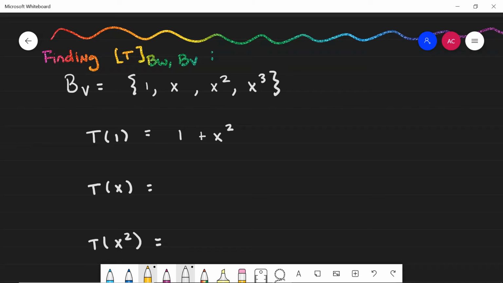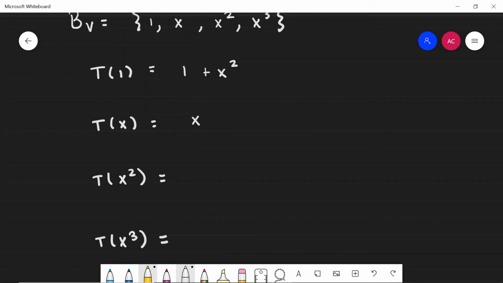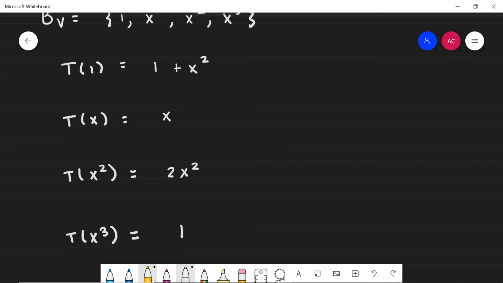That's pretty easy: it's just x, so T fixes x. T applied to x squared is just 2x squared. T applied to x cubed is just 1. And that's it. Pretty straightforward.